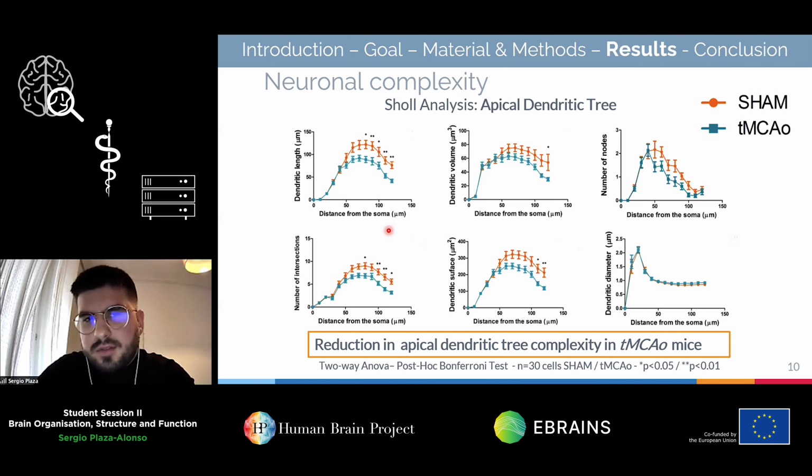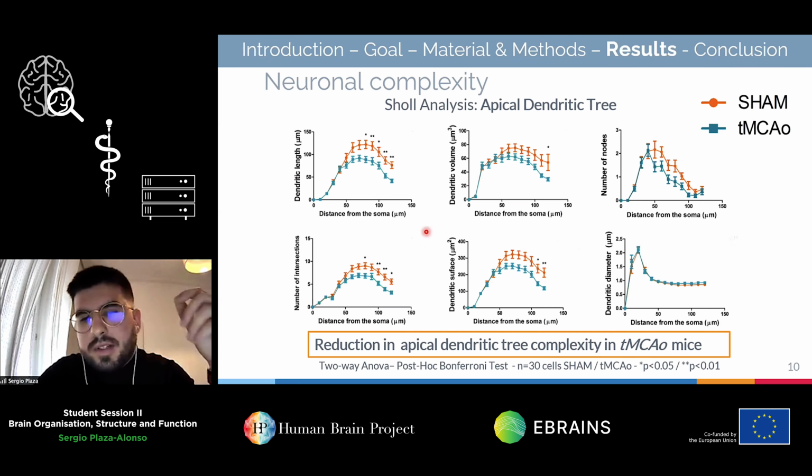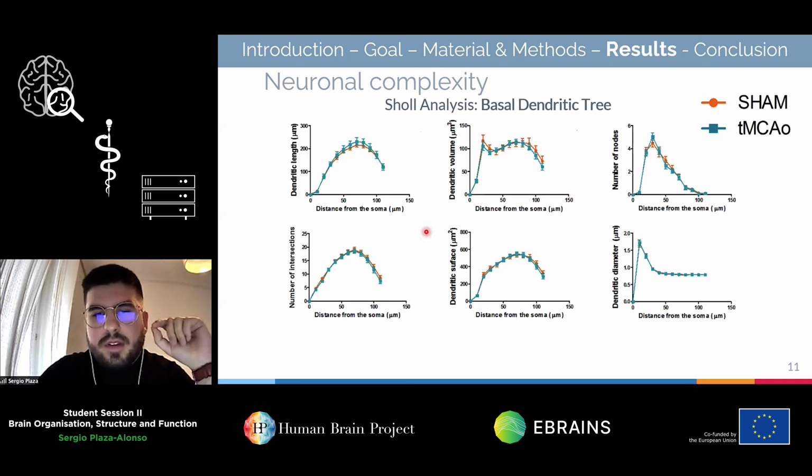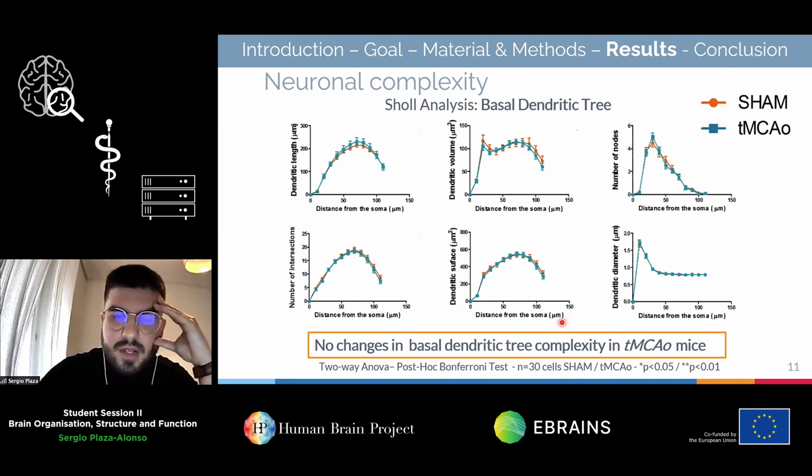This was a study using a Sholl analysis that measured every morphological parameter as a function of the distance from the soma. However, these differences were not found for the basal dendritic tree complexity, in which both groups, sham and tMCAO, shared the same tendency for any parameter studied, as you can see in these graphs.